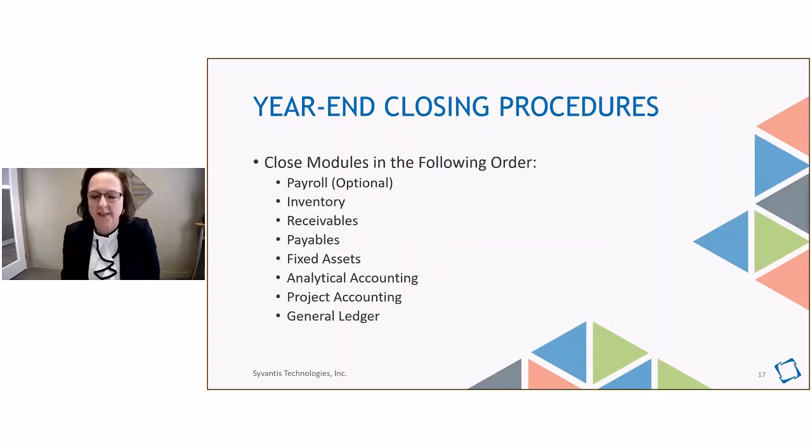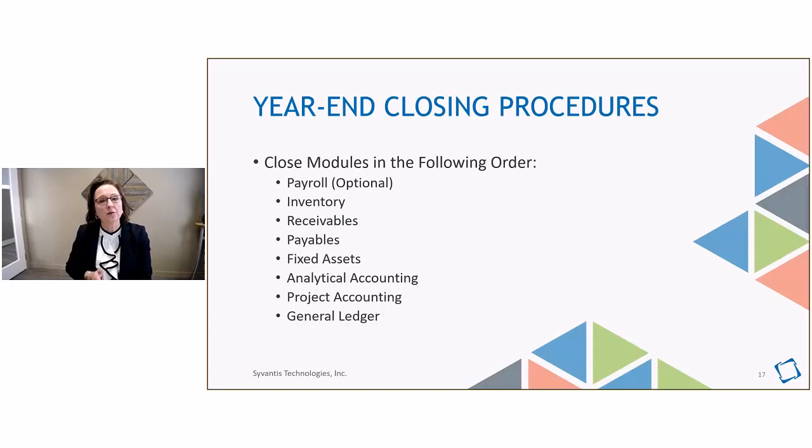So let's go specifically through the year-end closing procedures on a module by module basis. The modules should be closed in the following order: payroll, inventory, receivables, payables, fixed assets, analytical accounting, project accounting, and GL. The reason it says optional next to payroll is that a lot of people don't have payroll.